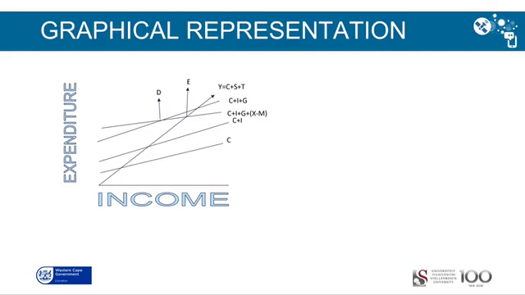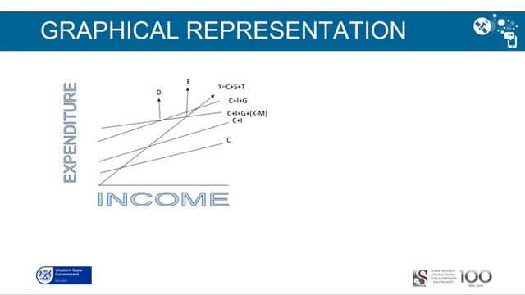You have your line of equilibrium, and your C plus I plus G, which represents your three-sector model. Your C plus I represents your two-sector model, and then we have our four-sector model represented. So there's our three-sector, four-sector, and two-sector.